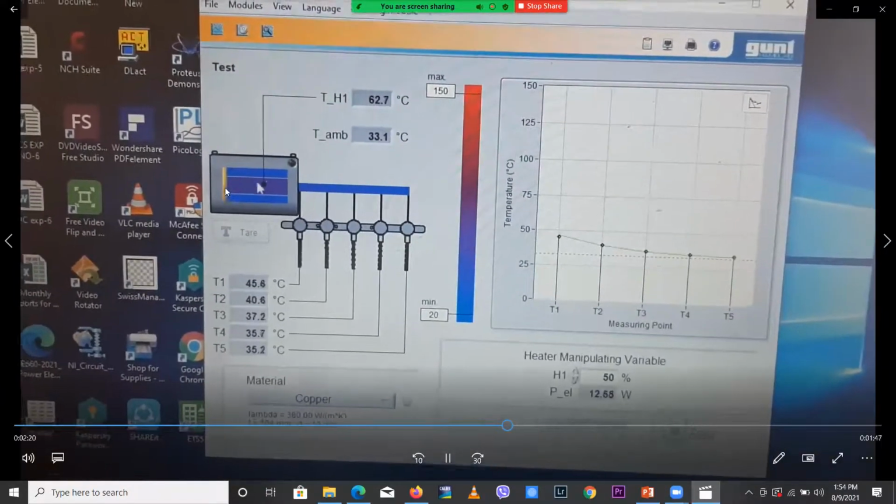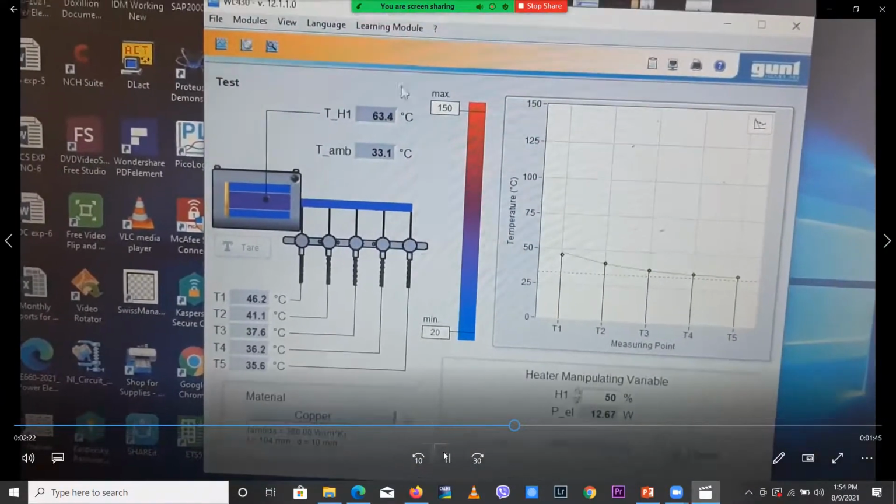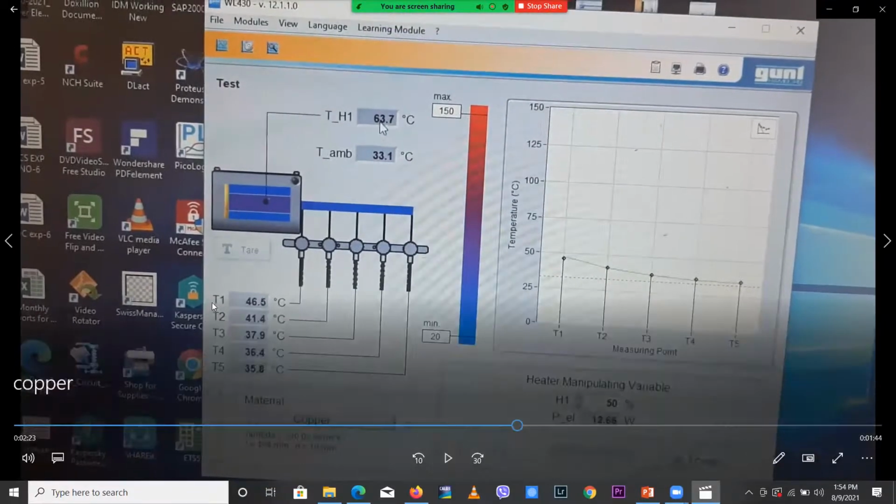Now we switch the heater on, and the temperature is increasing. You can see the temperature T1 is always higher than the other temperatures, because this is the touching point of the heater. Therefore it is always higher than the other four temperatures. This is the temperature curve, and now it starts to plot the temperature curve.